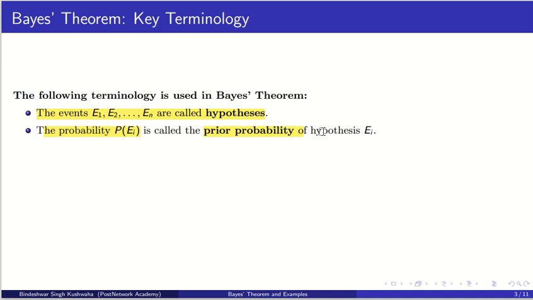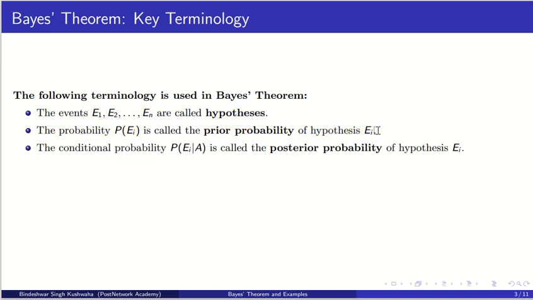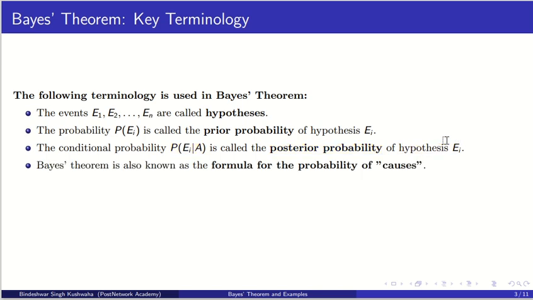And there is a machine learning algorithm called Naive Bayes that uses this theorem. The conditional probability P(Ei given A) is called the posterior probability of hypothesis Ei.